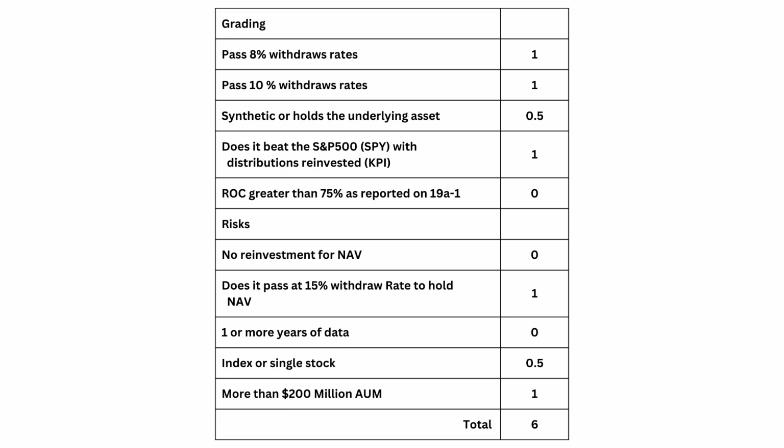If you reinvest the distributions from day one, you're beating the S&P 500. You can withdraw 15%, and they have over $200 million in assets under management. So they get a total of 6, which, again, a little surprise, but I'm going right off the chart.